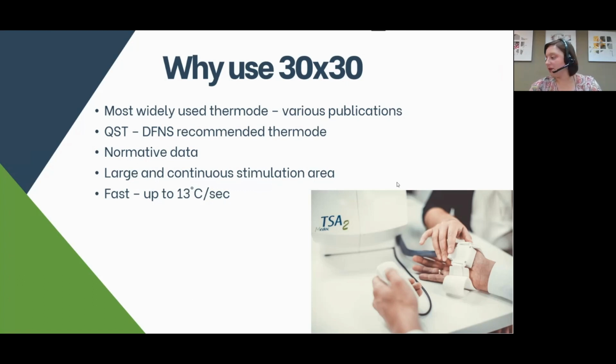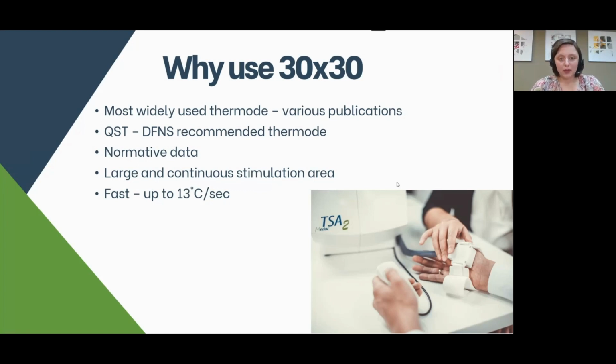The 30 by 30 thermode has a large and continuous stimulation area, and this is important because when you apply your thermal stimulation on a large area of the body, you are able to achieve a more robust pain or other sensation, and receive a more sensible stimulation.